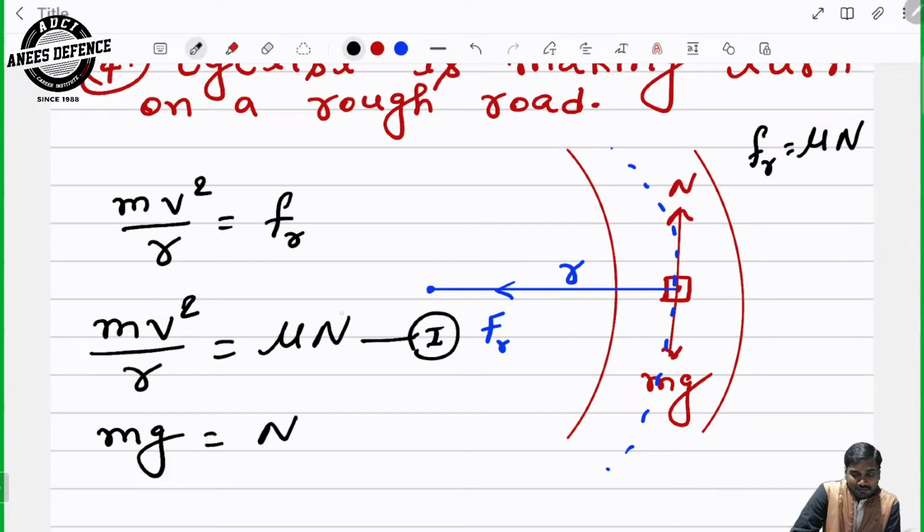Because in equation first, normal reaction is towards right hand side. So try to place normal reaction right hand side in equation 2 also. Yes or no? Yes. And a small m mass is present in left hand side, so try to put the value of mass in left hand side. Yes or no? So this is equation 2.